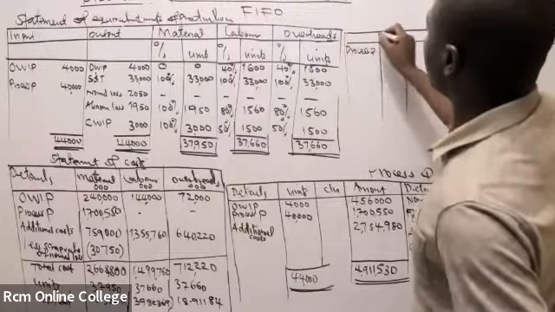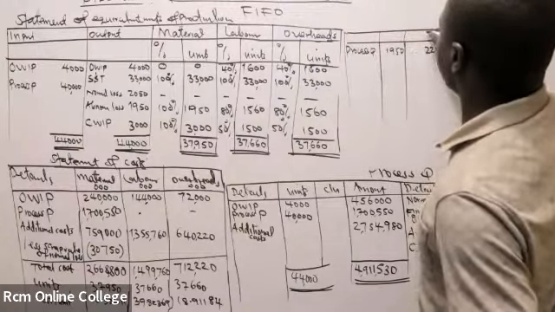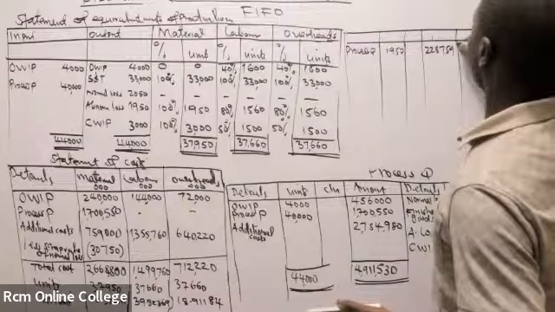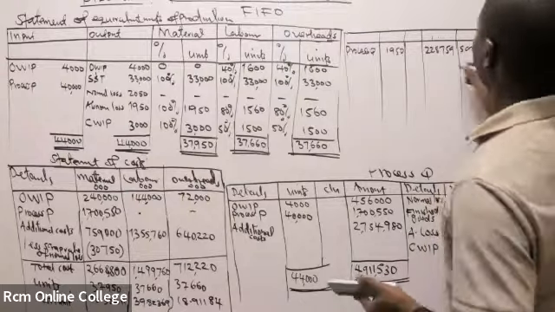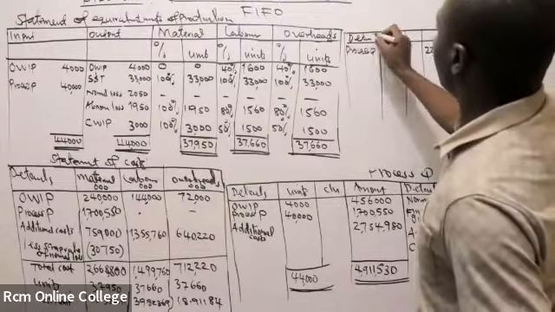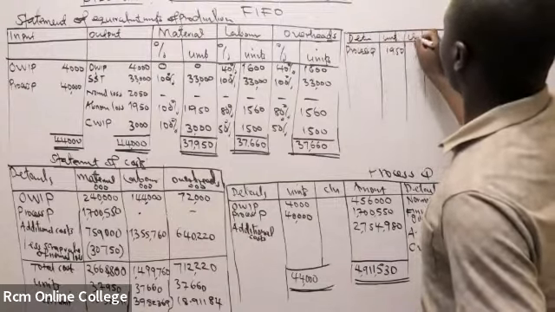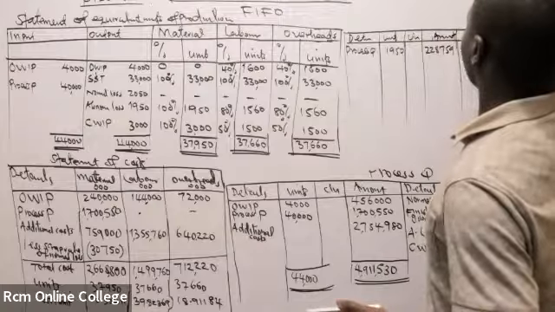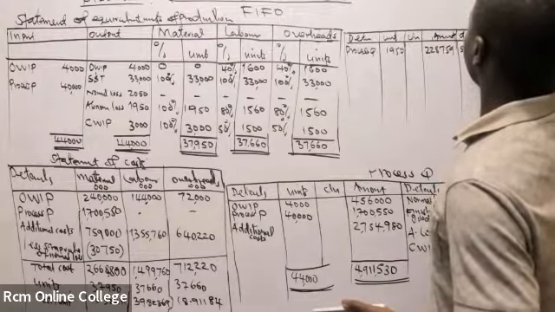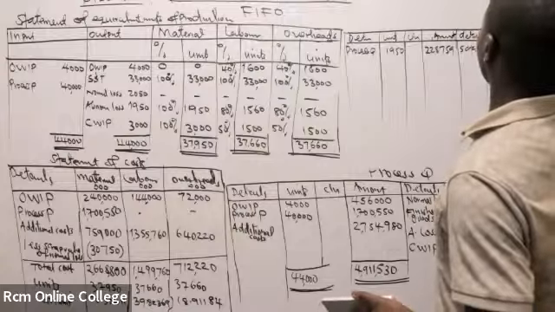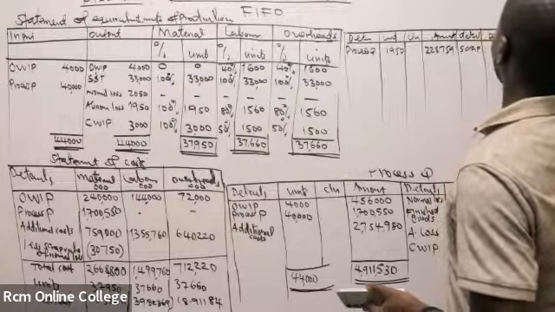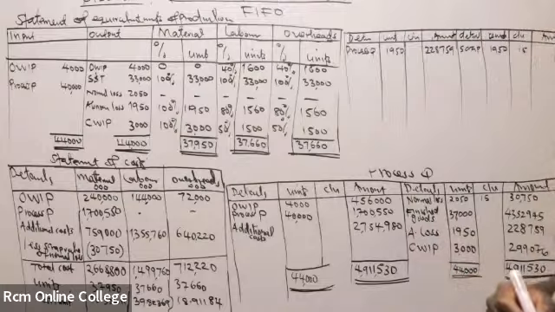So details, units, cost per unit, amount. 1950 by 15.